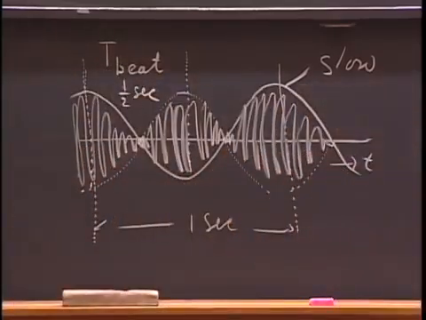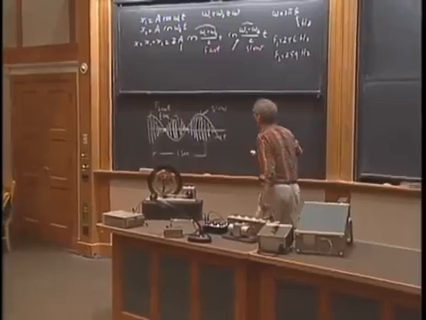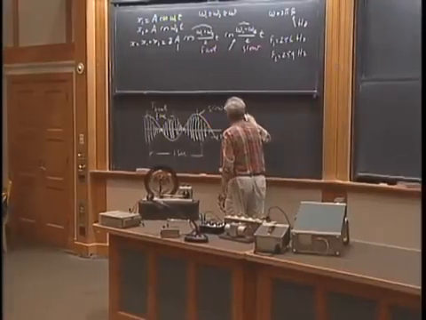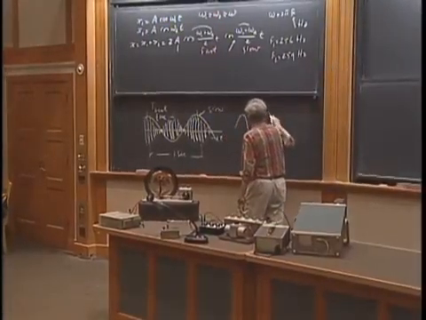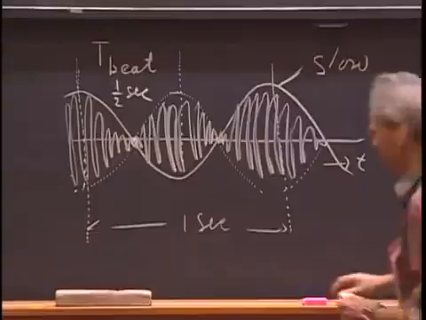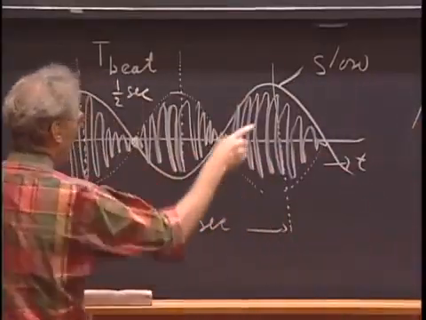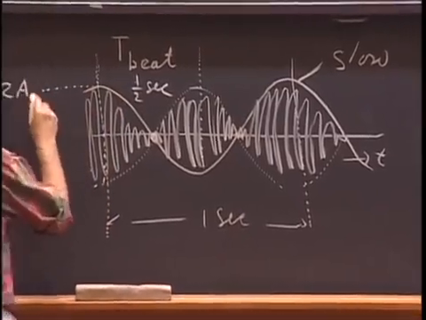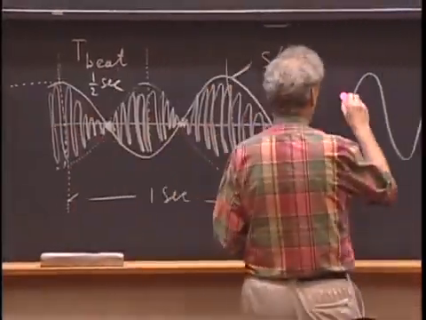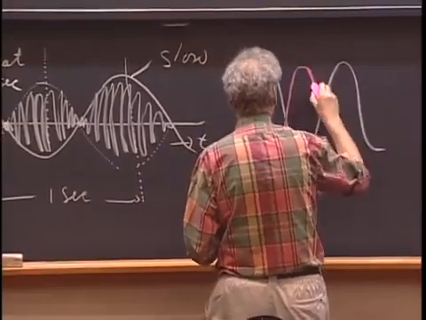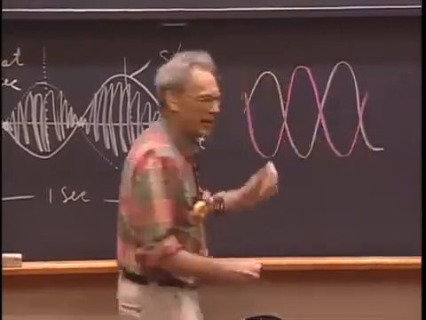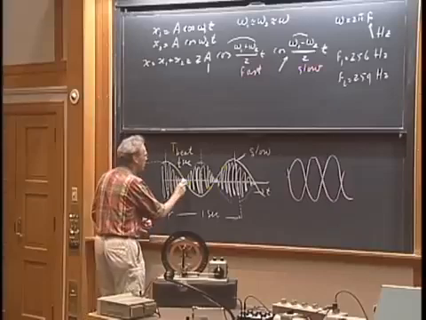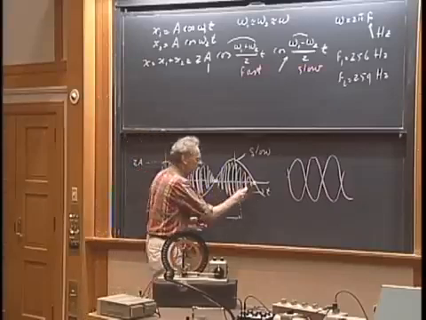So if you want to see in your head what is happening, then if one oscillation is like this, then when they are in phase, each one has an amplitude A. When they are in phase, you get 2A. But when they are 180 degrees out of phase, the net result is 0. And that's the case here, and that's the case there, and that's the case there.